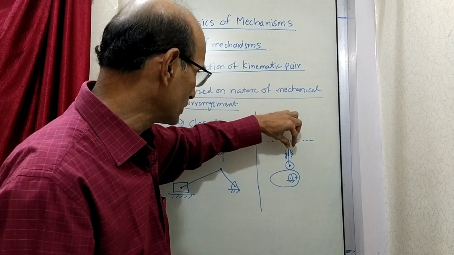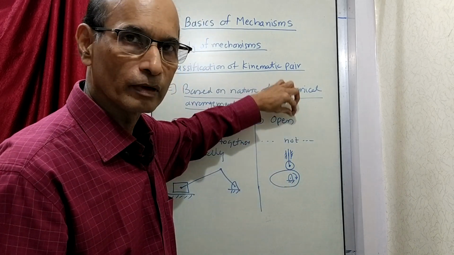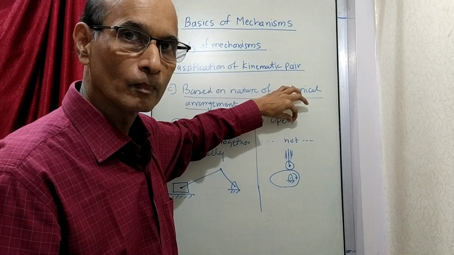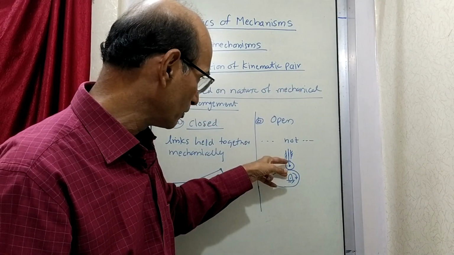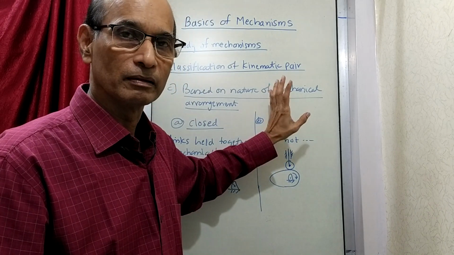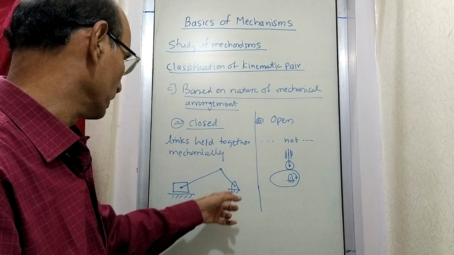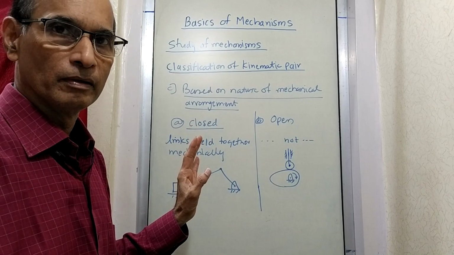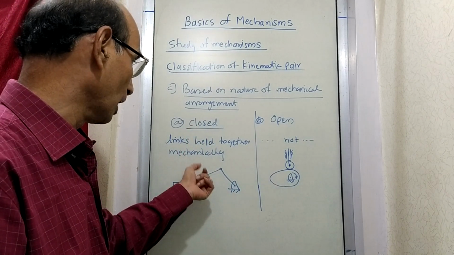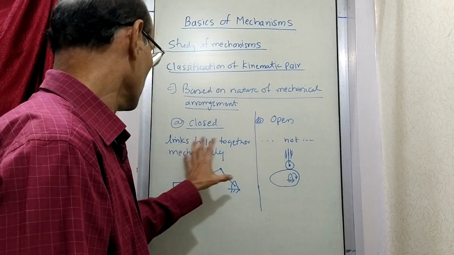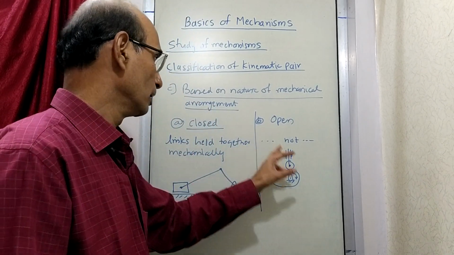That means you can just lift this up, and nobody will stop you. The contact can be broken if you want. That is not going to happen here. Everything is properly connected, and you will not be able to do something other than what it is supposed to do.